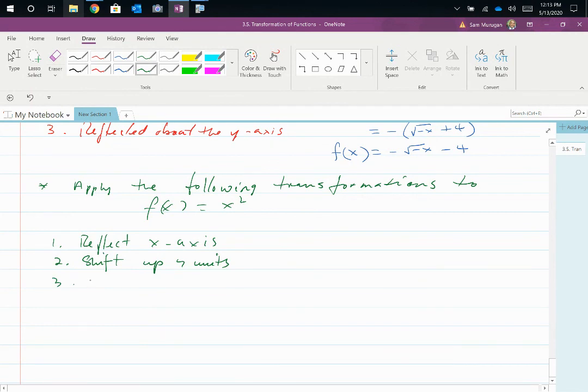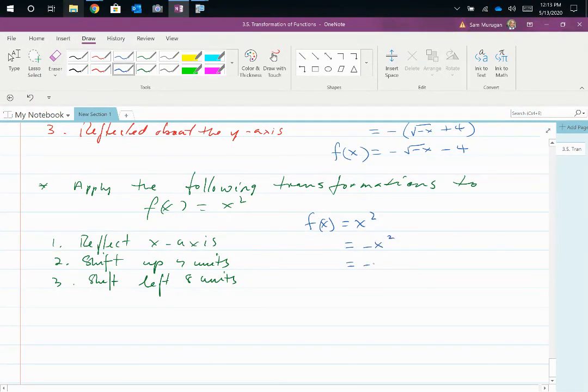And 3. Shift left 8 units. So we start off with f of x is equal to x squared. If we're reflecting on the x-axis, remember that we're taking the negative of the whole function, which is negative x squared.